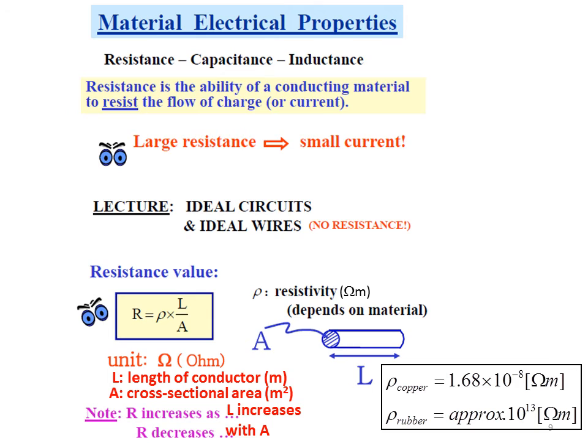L is the length of the conductor in meters, and A is the cross sectional area in meters squared. Notice that the value of R increases as L increases, and R decreases with the cross sectional area.